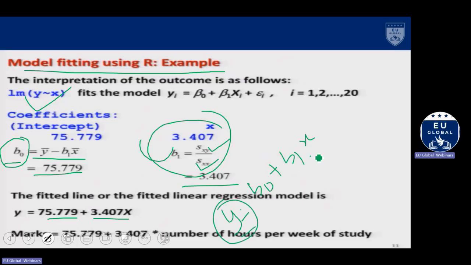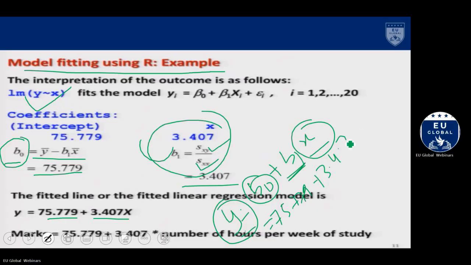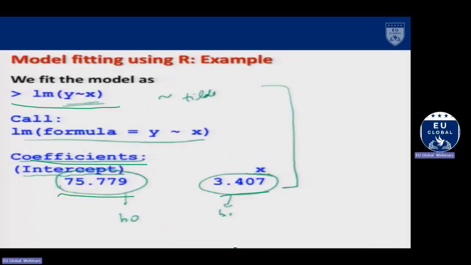With beta naught 75.779 and beta 1 3.407, and x given, suppose it is 3, which was not given before, you can find the value of y.